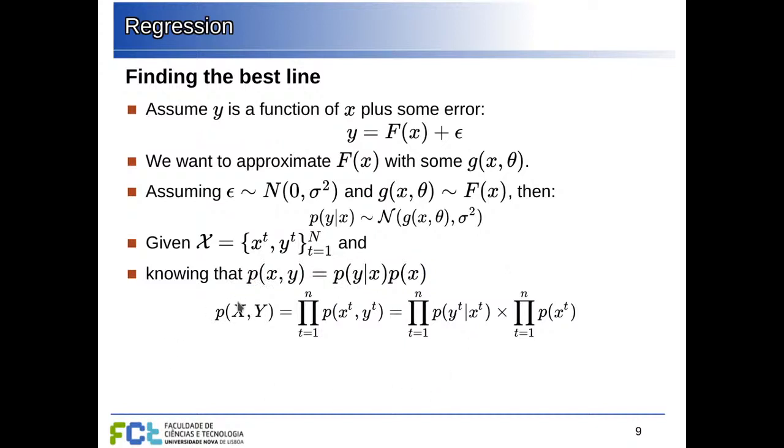So basically we can write the probability of our data set having that combination of values as the product of the probabilities of all individual examples in our data set, and this can be decomposed by the probability of having that y value given that it has the x value that it has, multiplied by the probability of having that particular x value. So this is just the expression of how we can estimate the probability of our data if we know these probabilities here, the marginal probability of the features and the conditional probability of the target value if we know the features.